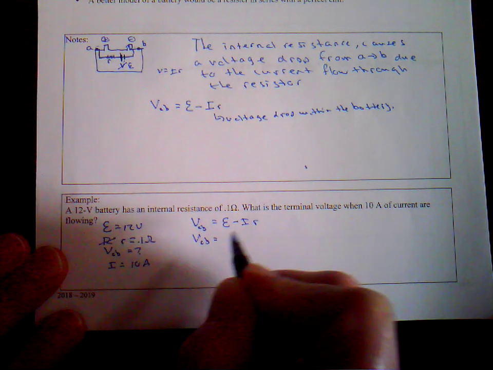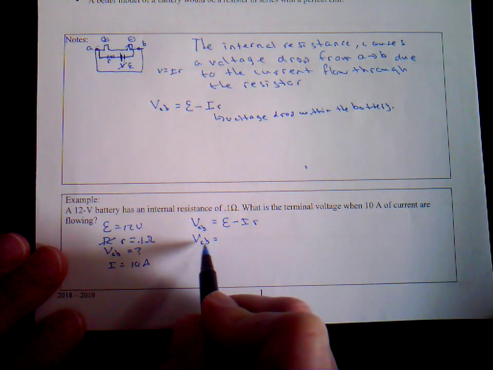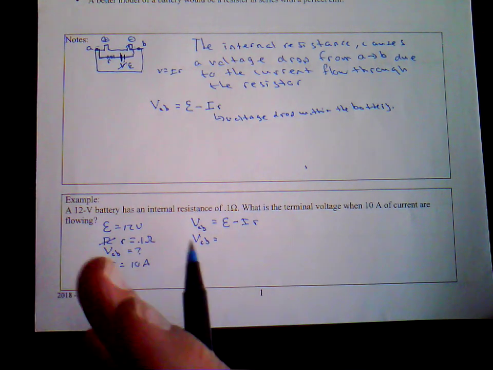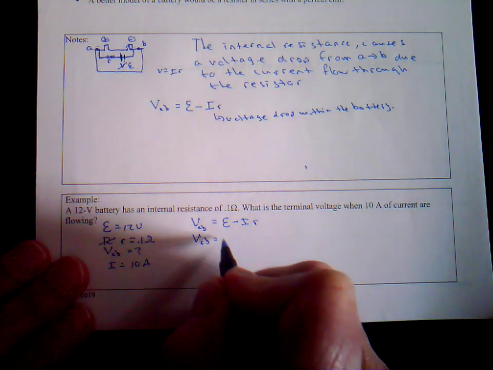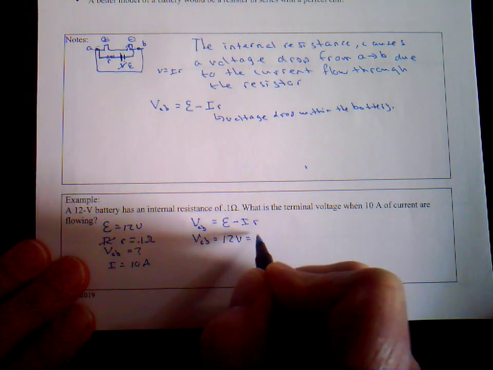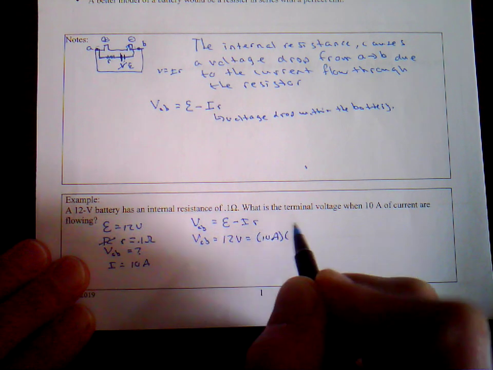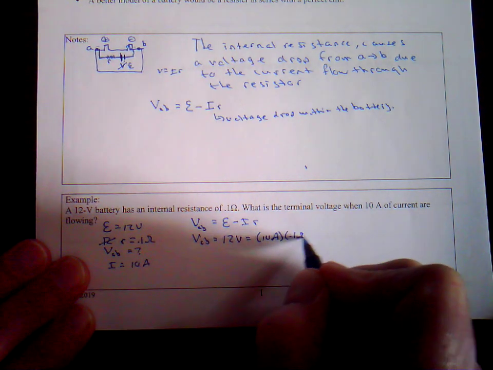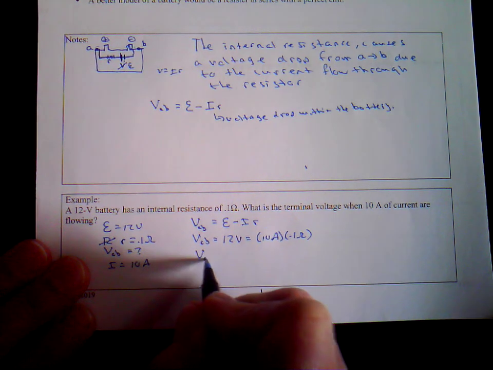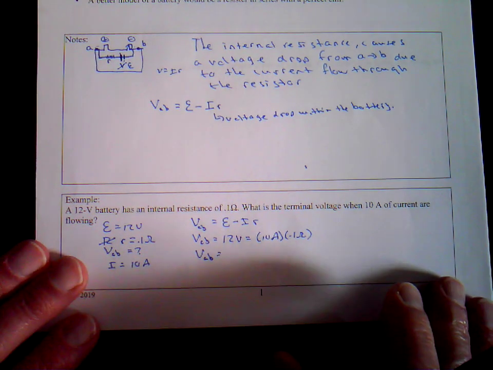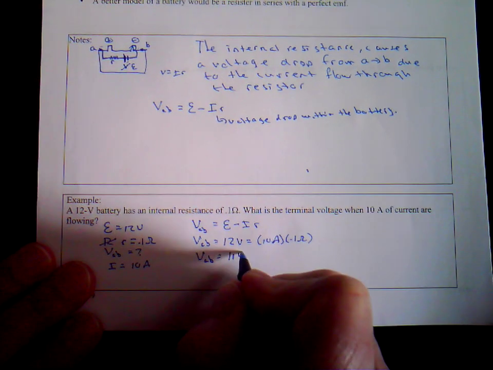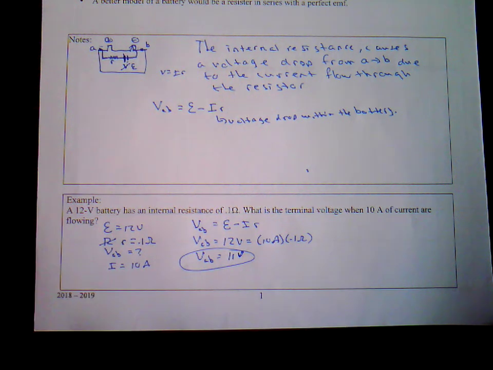Sometimes we just leave the A, B off because we know the voltage drop is always between 2 points. So the EMF is 12 volts minus the current, which is 10 amps, times the internal resistance of 0.1 ohms. So we actually get a usable voltage in that battery to be 11 volts.